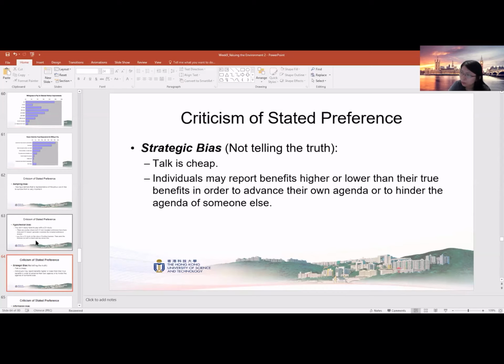If everyone's valuation adds up to be more than the cost of building a basketball field, we will pay using the university's money or the government's money. Would you be more likely to over-report or under-report? If you're interested in playing basketball, if you have positive valuation, maybe you just over-report to make sure this project goes through. It's not your own money anyway, right?